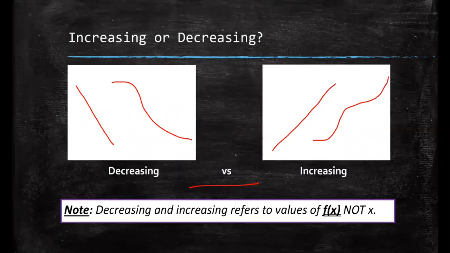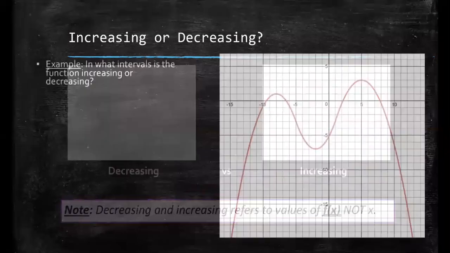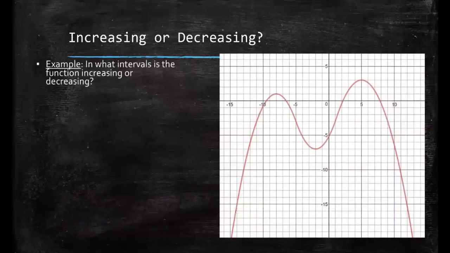So let's see if we can look at a graph and give the intervals where it's increasing versus decreasing. Here's the graph we're going to look at first, the same one in your notes. Okay, so as you look at that graph, can you figure out where it's increasing? Let's do increasing first.